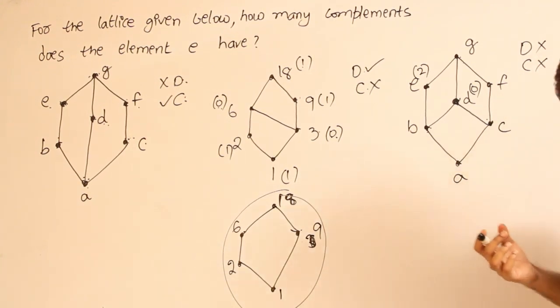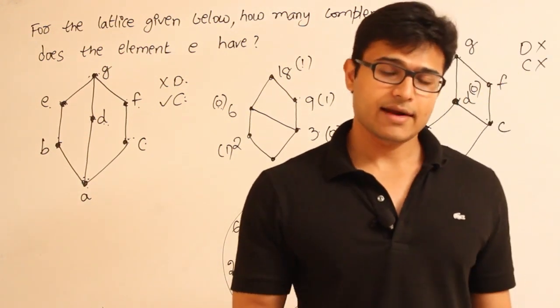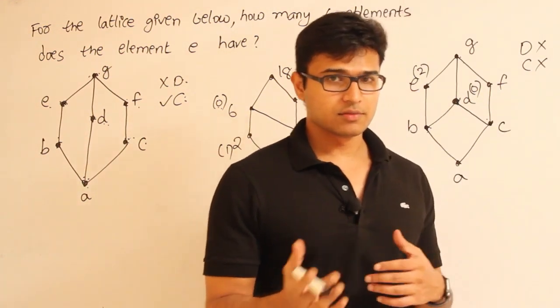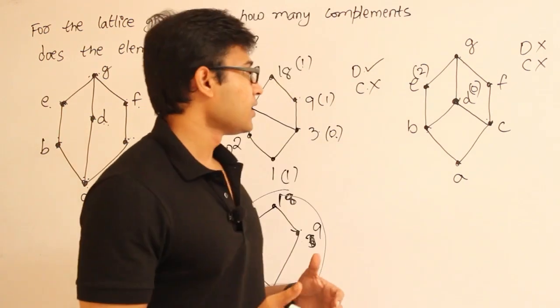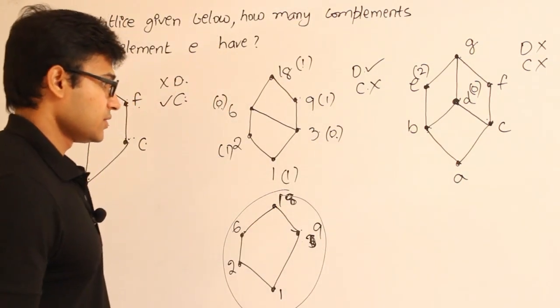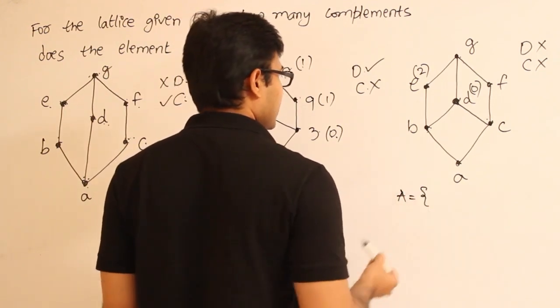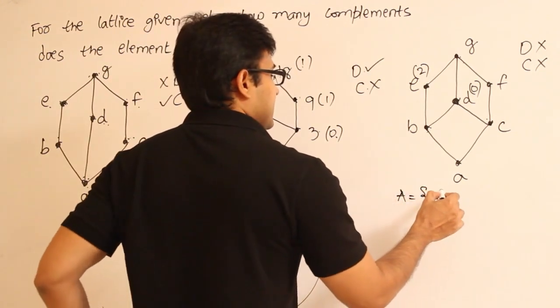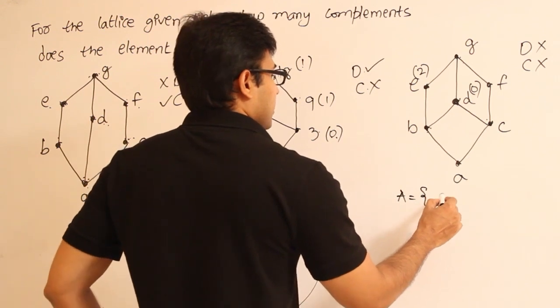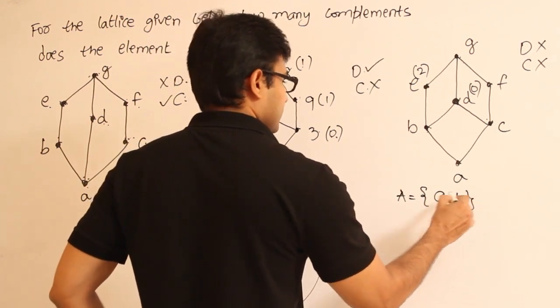Now, can we frame an example of a lattice which is both distributive as well as complemented? Now see this one. Let's say A is a set. I'll take a small example. A is a set having two elements.